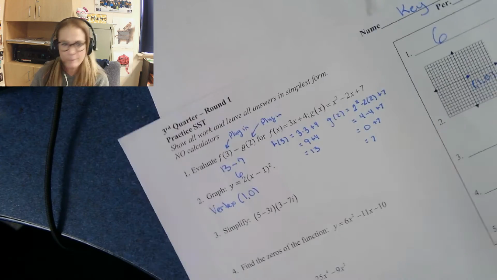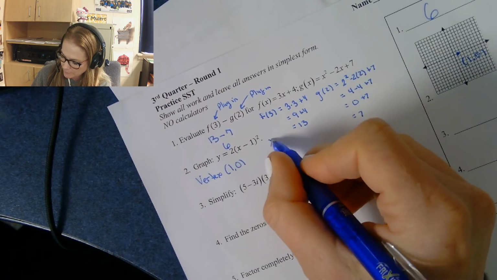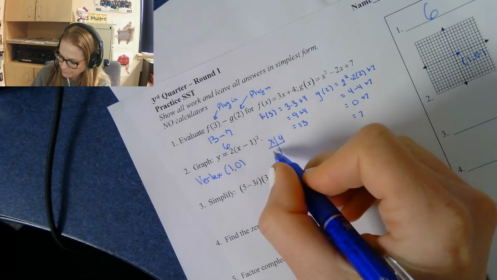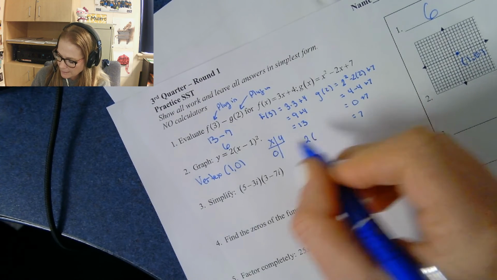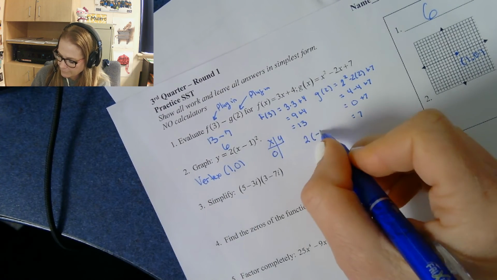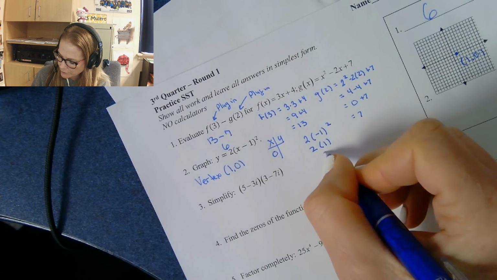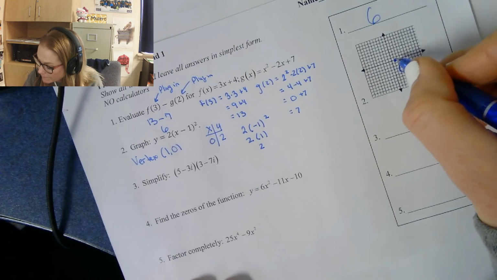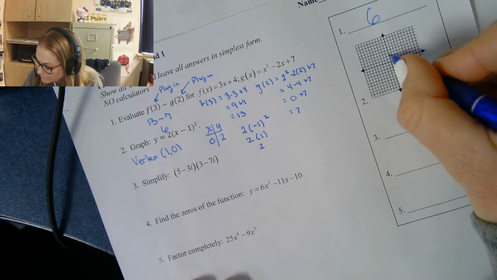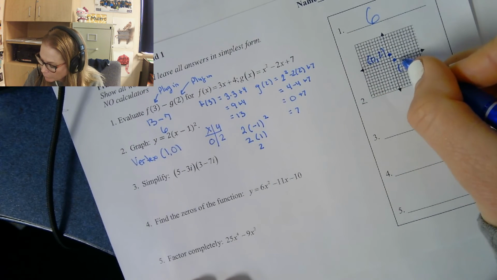And then probably the easiest thing to do is to get the y-intercept. So let's let x equal 0. And when x equals 0 here, I get 2. 0 minus 1 is negative 1 squared, which is just 1, times 2, which is just 2. So at 0, I'm at 2. Can you see this? And just pop to the other side of 1.